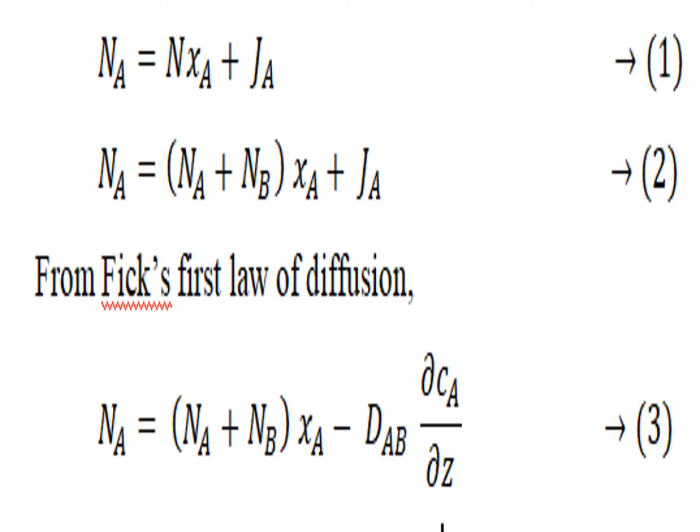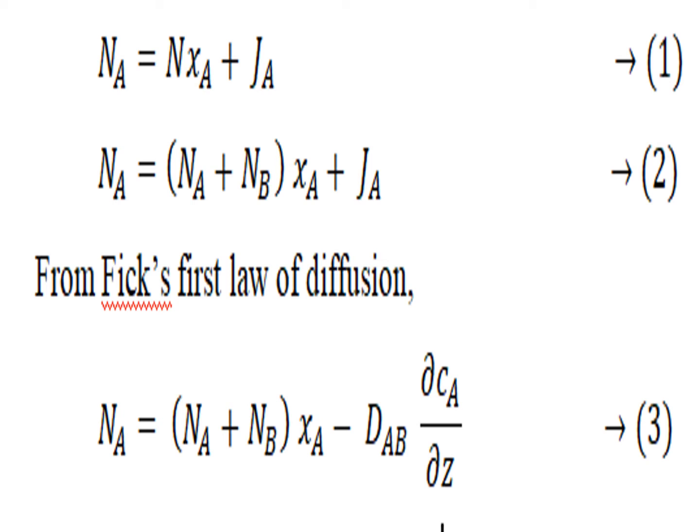From the above relation, we will take Na is equal to N into Xa plus Ja. So this is the mathematical form. Na is the total flux or rate of diffusion. N into Xa is the convective flux. This is one of the modes of mass transfer. Then Ja is molar flux or diffusive flux. This is another mode of mass transfer.